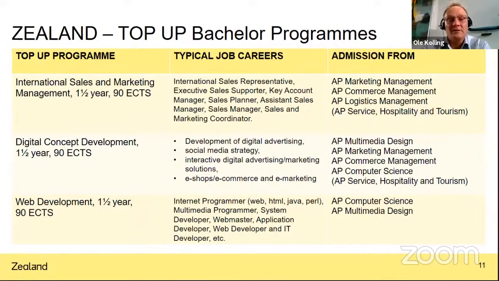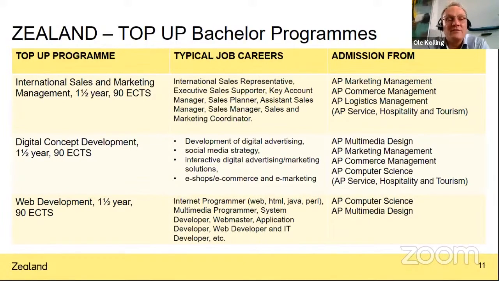If you want to build upon your AP degree, so the first step for a bachelor degree, then we offer three possibilities for you. And of course, the different AP degrees also correspond to the top-up major you study for.